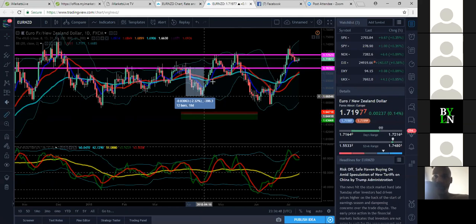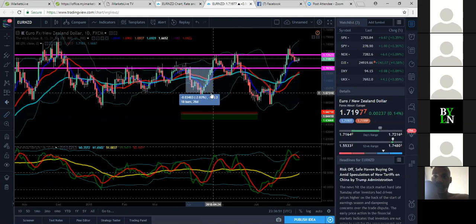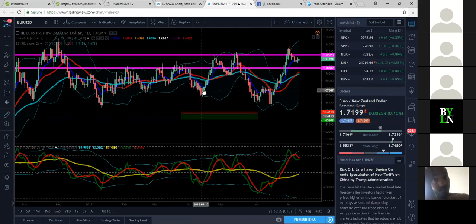Now, we still have this line, right? Now, look, here it comes back for a third one. This is why we don't get in for a third one. Look what it did. It bust through the line. So you would have been in a severe drawdown. It would have hit your stop loss and took you out. But what did it do?